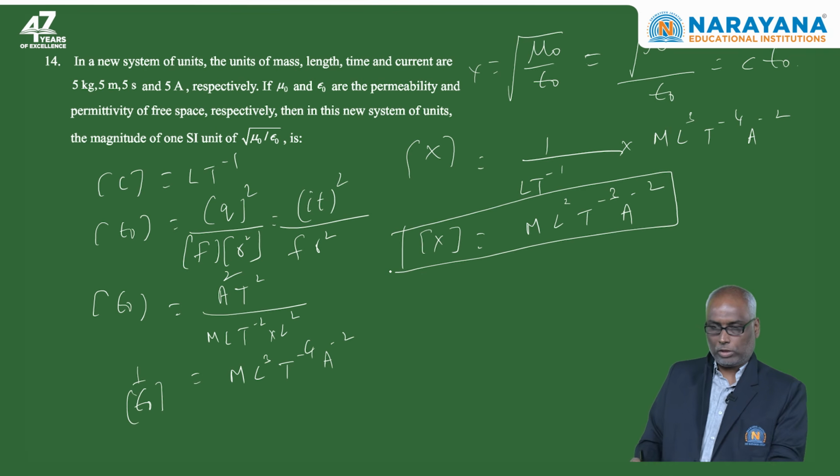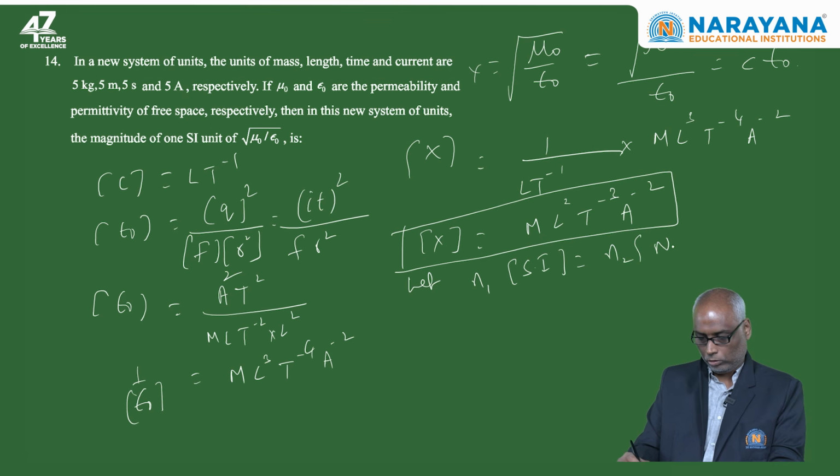Once we have the dimensional formula for x, I can say let n1 SI units be equal to n2 new units. So, n1 kg meter square second to the power of minus 3 ampere to the power of minus 2 is equal to n2.